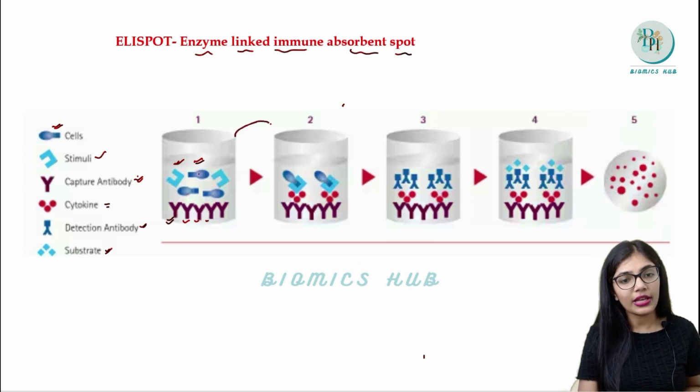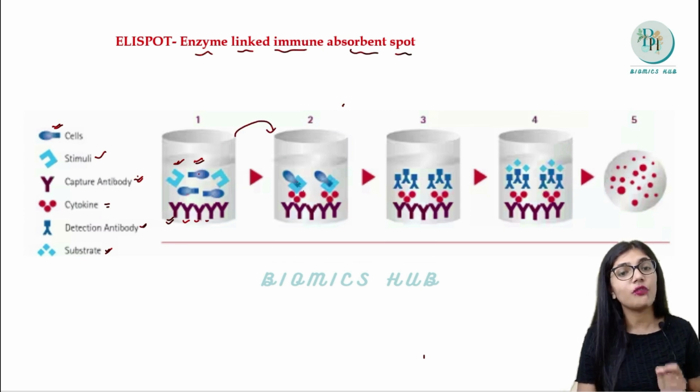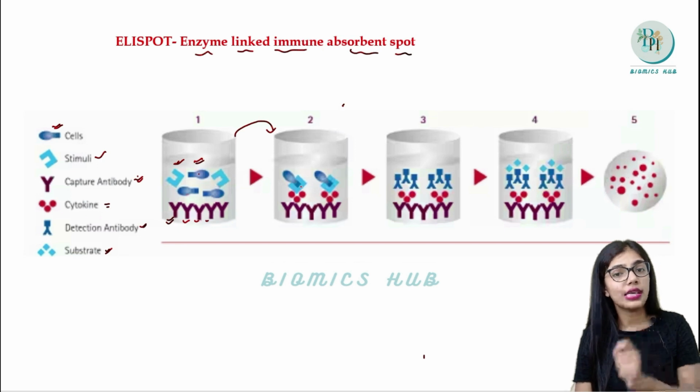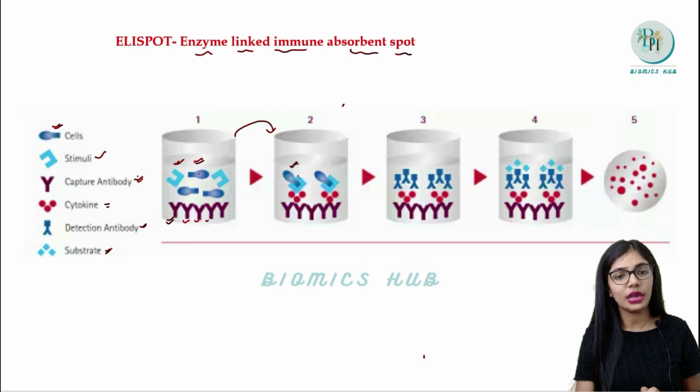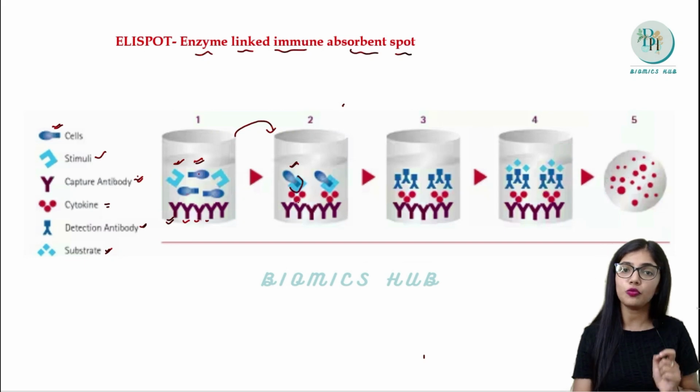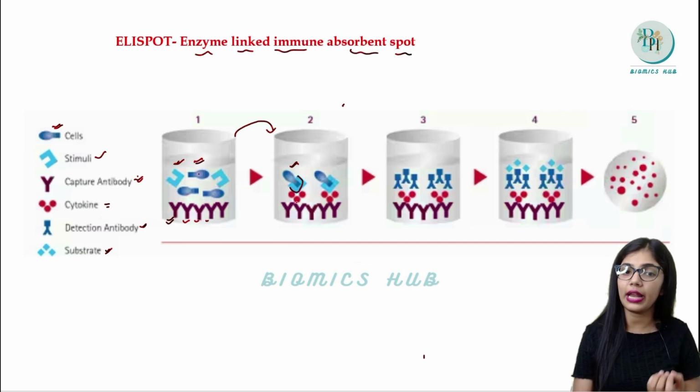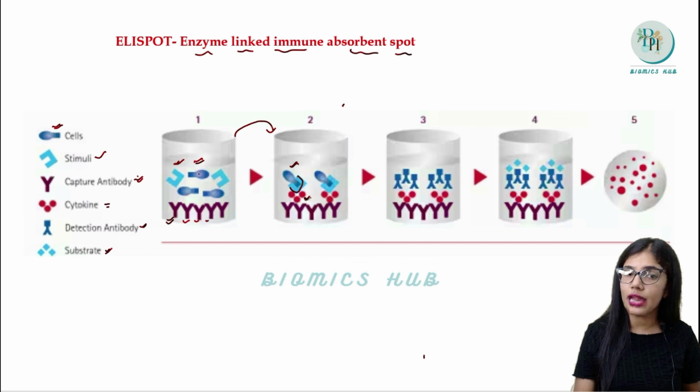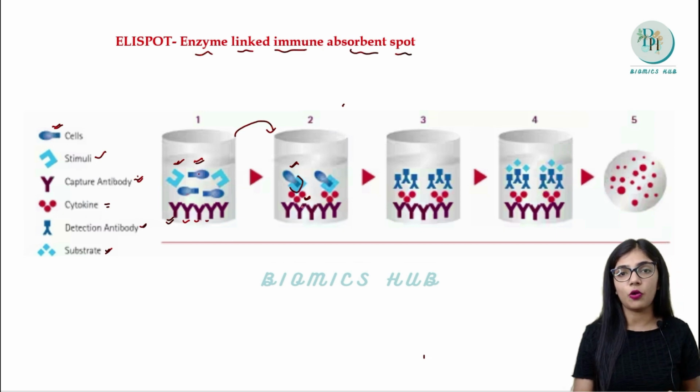In the second tube, you can see that there is production of cytokines after the cell has been exposed to the stimuli. The cytokine, as there is an antibody specific to it, works as an antigen and the capture antibody captures the cytokine.